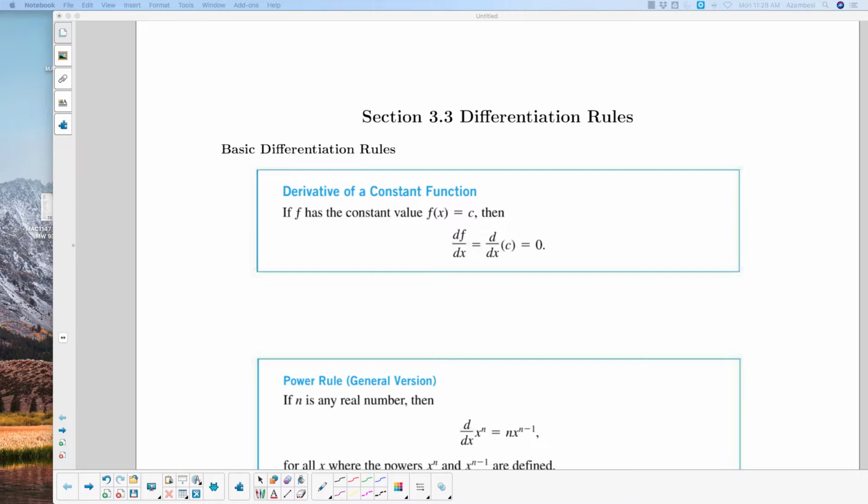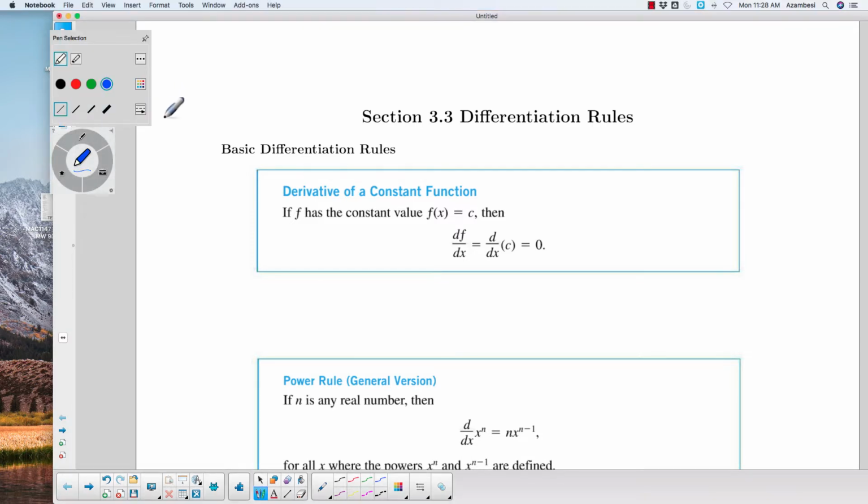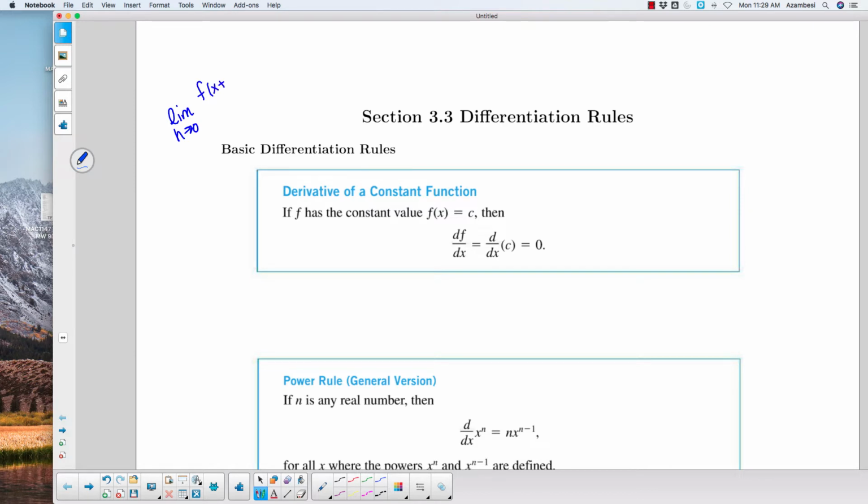These are basic differentiation rules, which means that every time you take a derivative, you're not going to have to go through finding the limit as h approaches 0 of f of x plus h minus f of x all over h. I'm sure you agree that that gets cumbersome after a while, so we have some basic differentiation rules that you need to get down, and once you have them down, they will very much simplify the process.